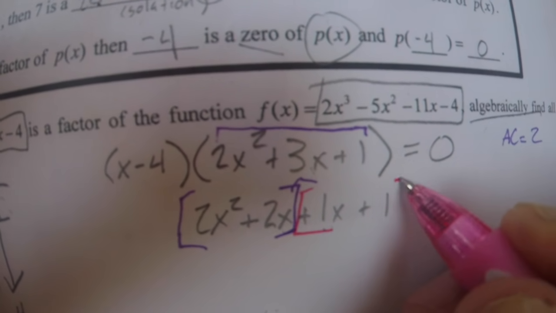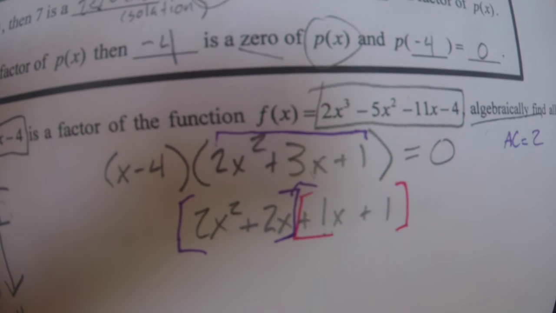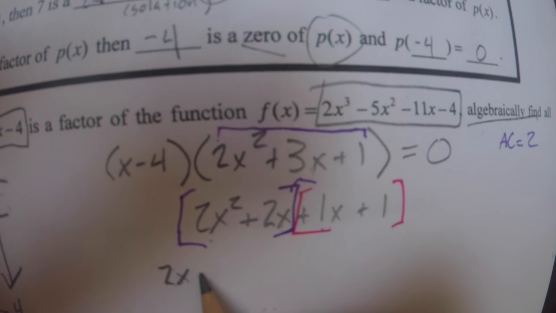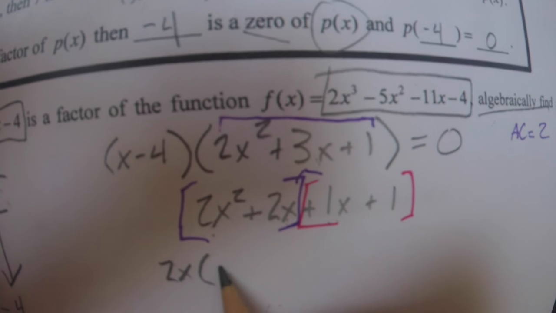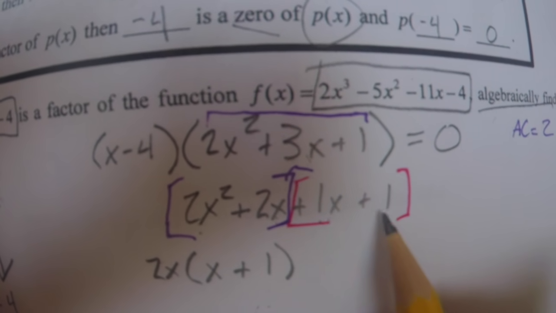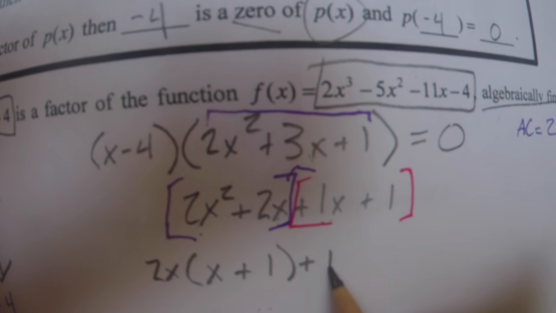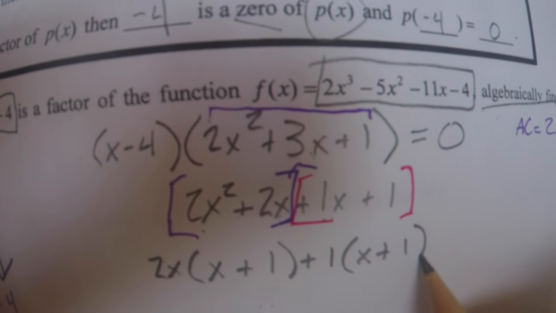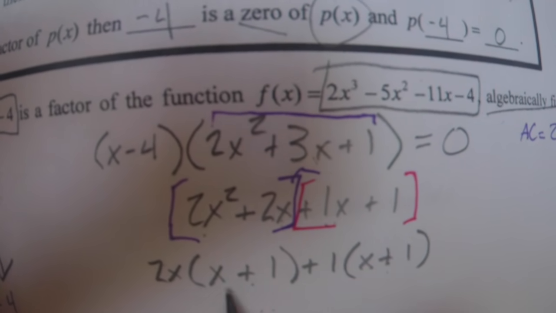Okay, we're looking for a GCF in both groups. Looks like I could factor out a 2x here, and I would be left with x plus 1. The only thing these two have in common is a 1. And what do I get when I factor that out? I get x plus 1. That's good that these two match.